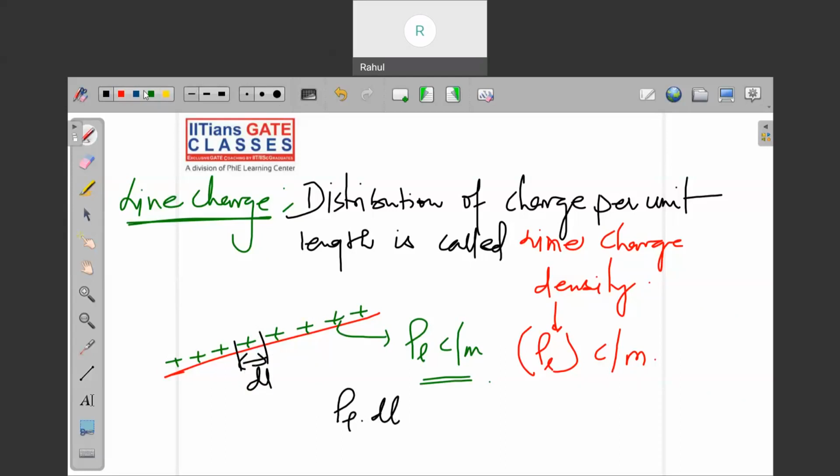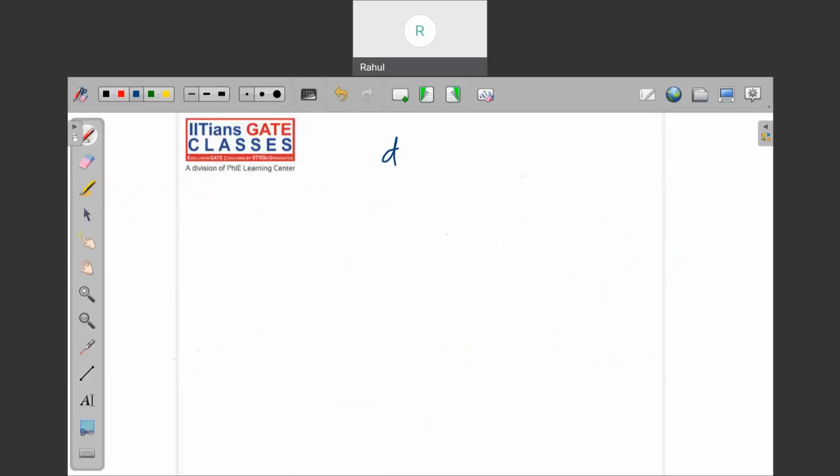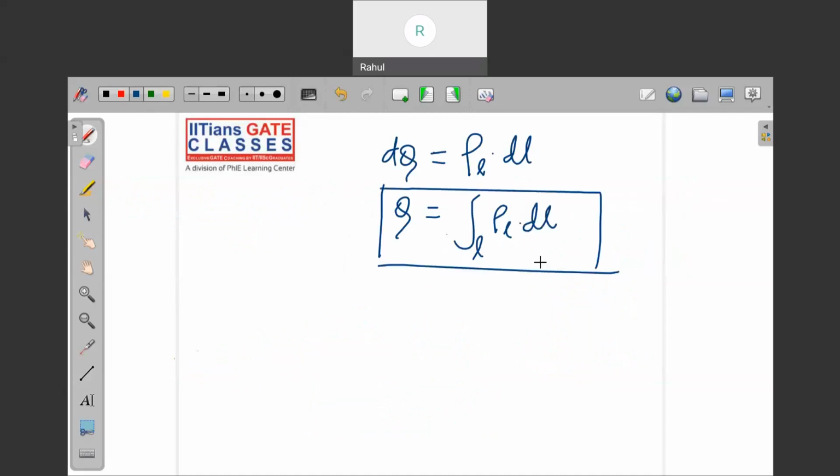Integrating both sides, you get Q equal to the integral over the line of rho L dl. This is the total charge.